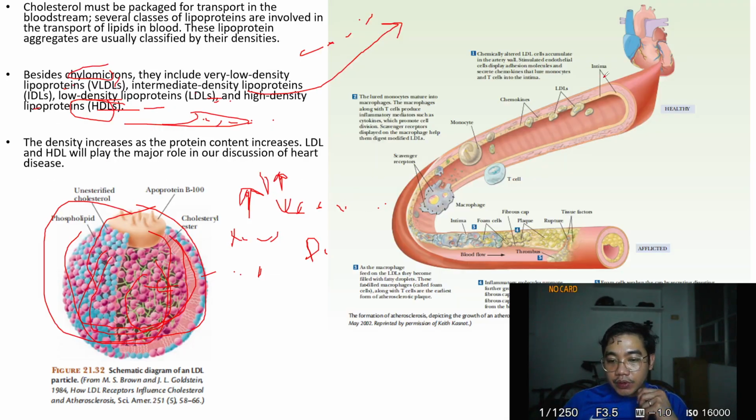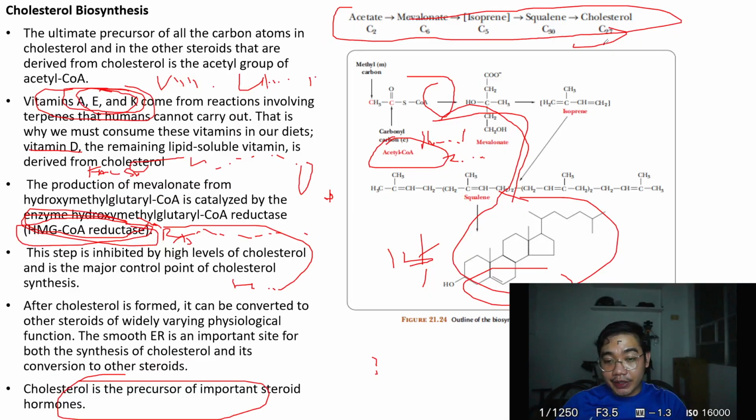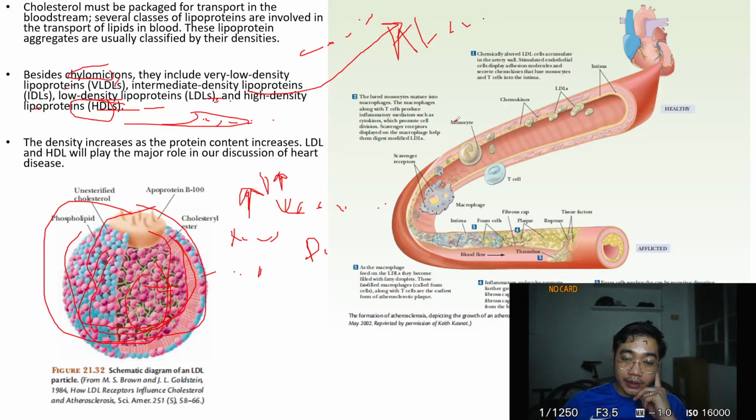So this is what we call atherosclerosis. It's a condition when you get old and you keep eating lechon. Like I said earlier, the more fat you eat, the more acetyl CoA you produce.